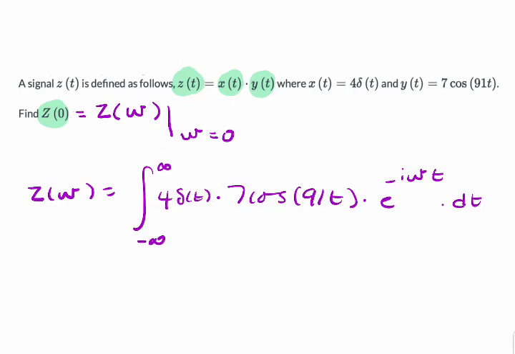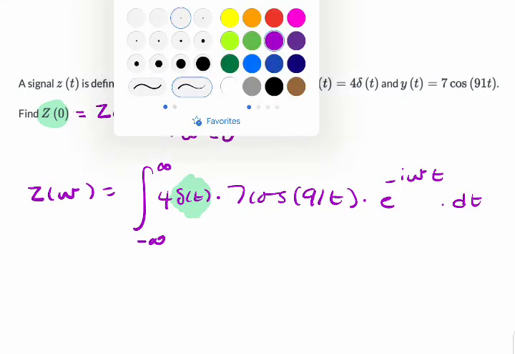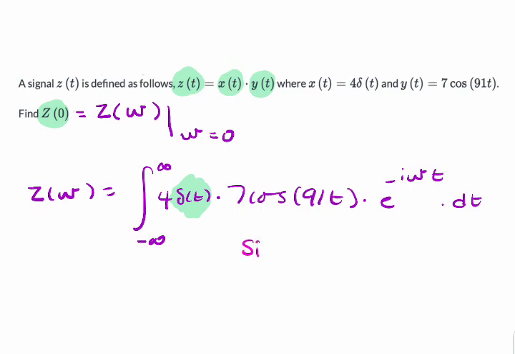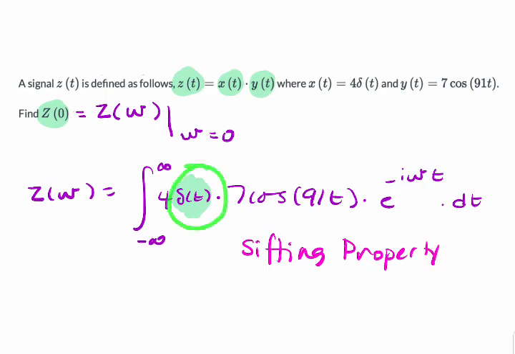So this looks like quite a complex integral. We have an impulse, we have a cosine, and we have an exponential. But remember, whenever you see an impulse function inside an integral, there's a possibility of applying the sifting property or the sampling property of the impulse function.